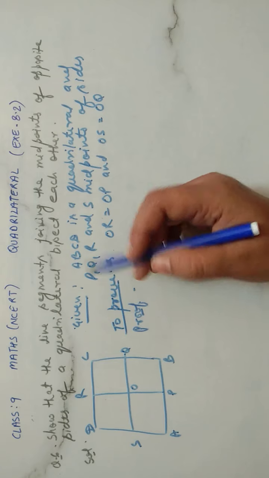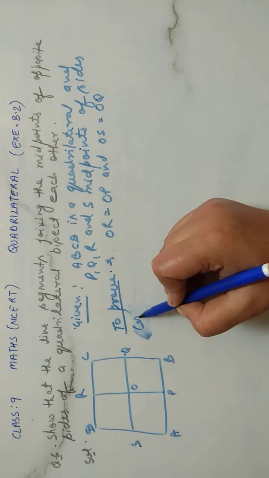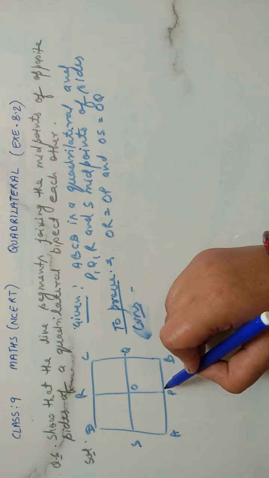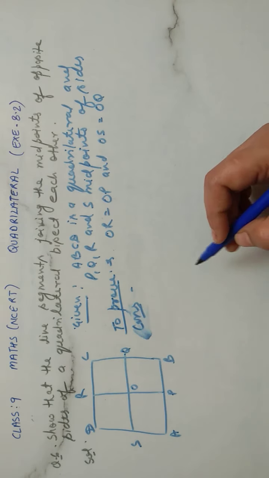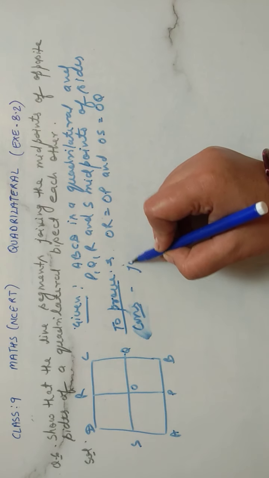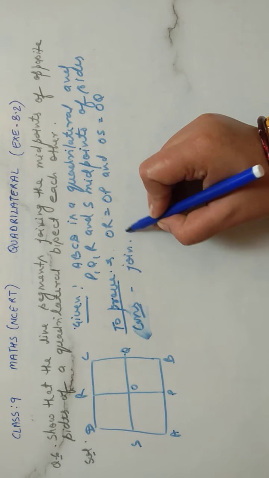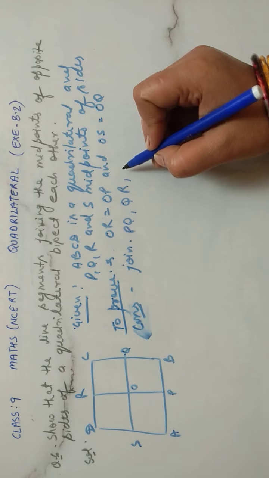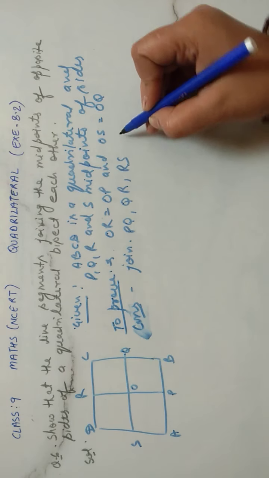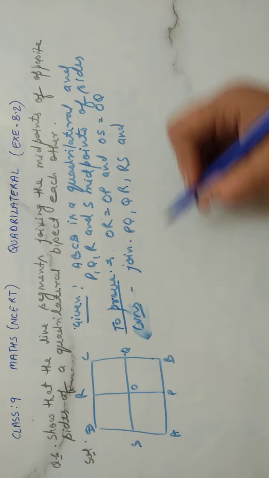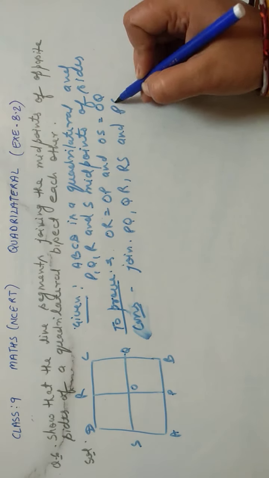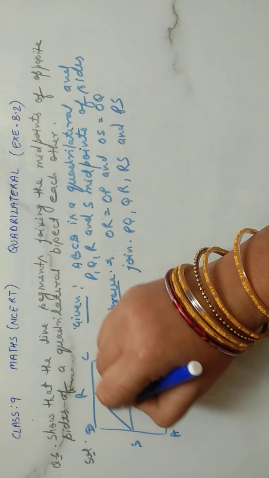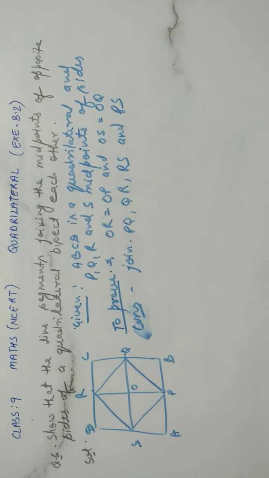First of all we will do the construction. We will join PQ, then QR, then RS, and PS, completing the diagram.